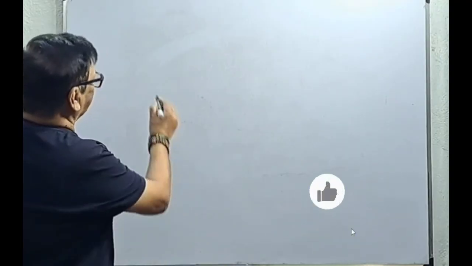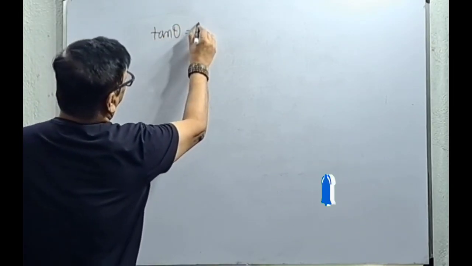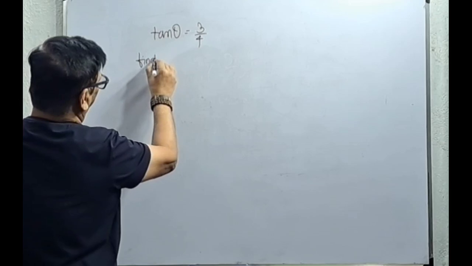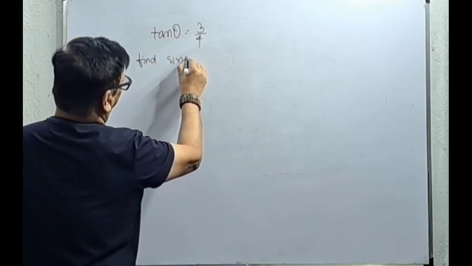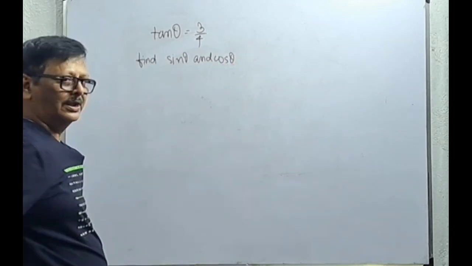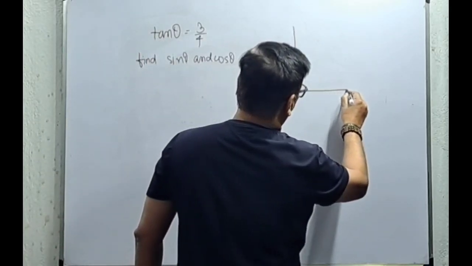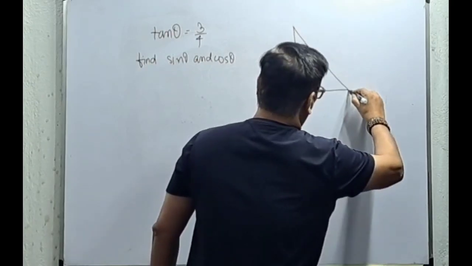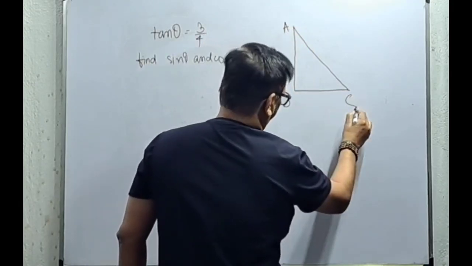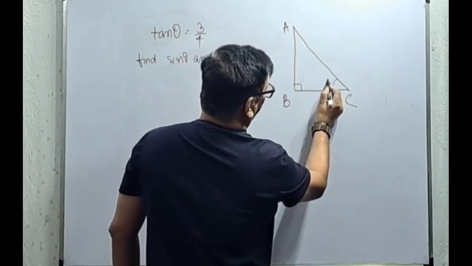Coming back to the question: tan theta is equal to 3 by 4. Find sin theta and cos theta. Let's solve it. We'll draw a right angle triangle like this and name it A, B, C. This is right angle at B. Now consider this angle to be theta.